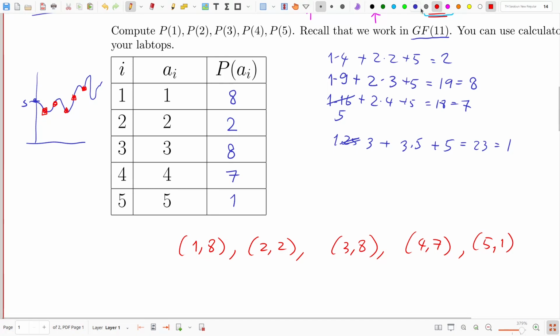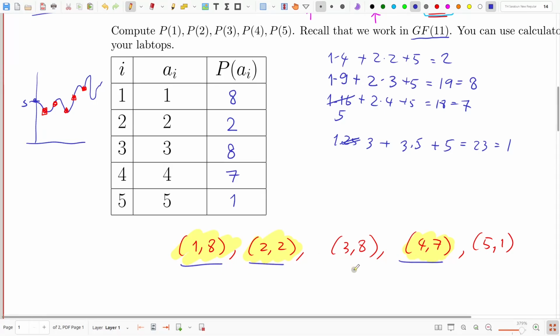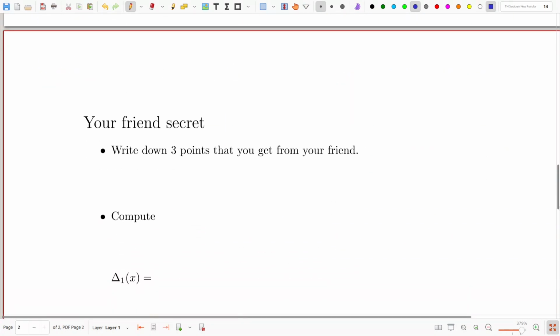Now you should give your friend 3 of them, since 3 people try to recover the message. I just pick maybe this, and give this to your friend. Don't give your sheet to your friend. Just give them the 3 points so they can write them down on this page, and then we'll come back.